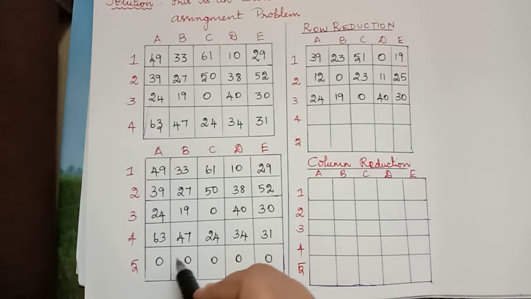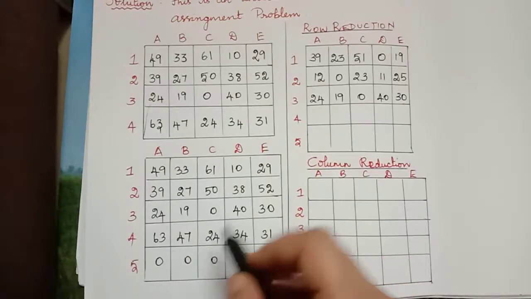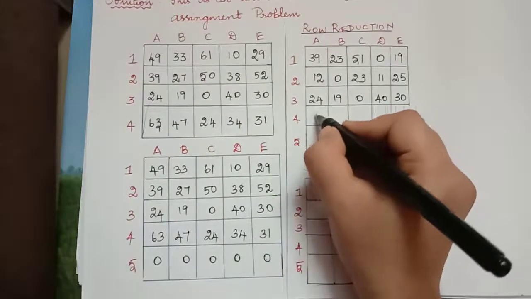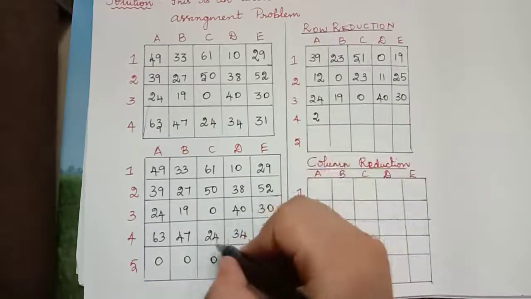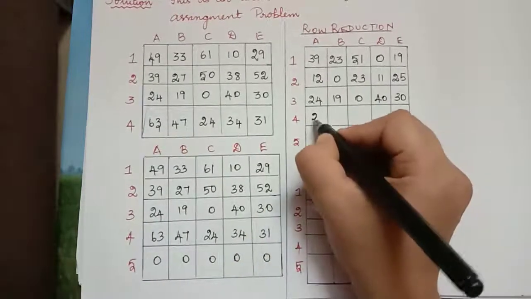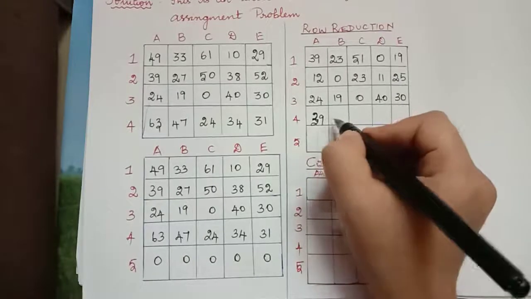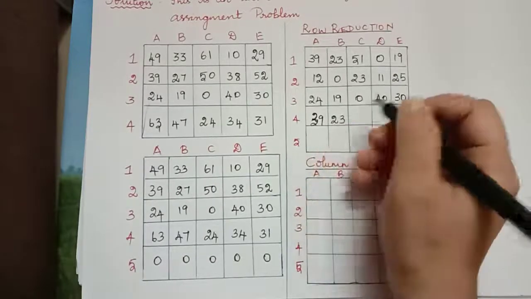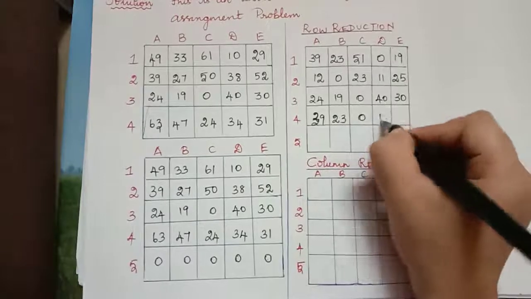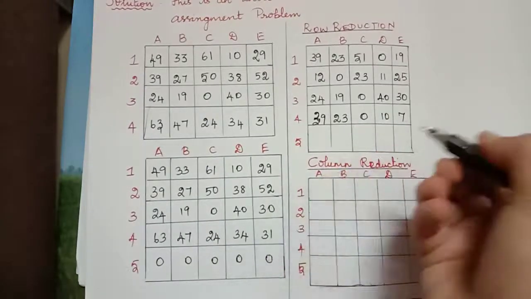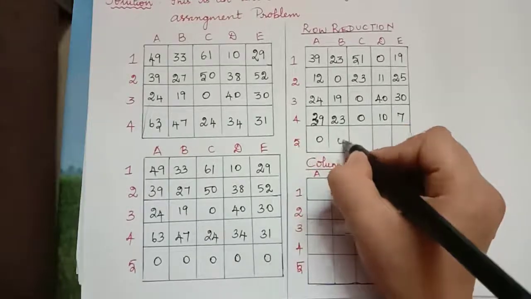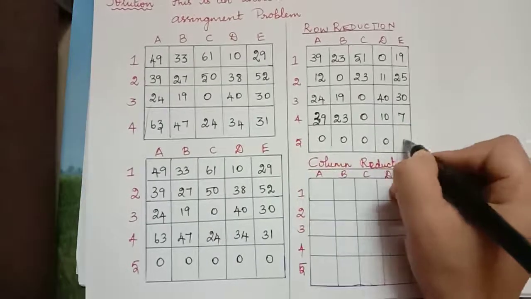And next row has the minimum value as 24, and so the row changes as 63 minus 24, which is 39. And then 23, 0, 10, 7. And the last row, the minimum element is 0, and so the row is going to remain the same.